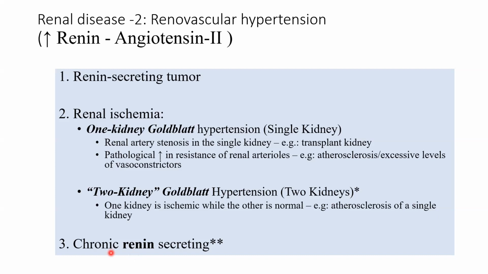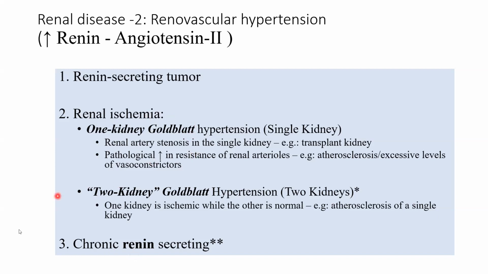So within one kidney, you have patchy areas of ischemia with interspersed normal tissue. So within the same kidney, you can have this effect.